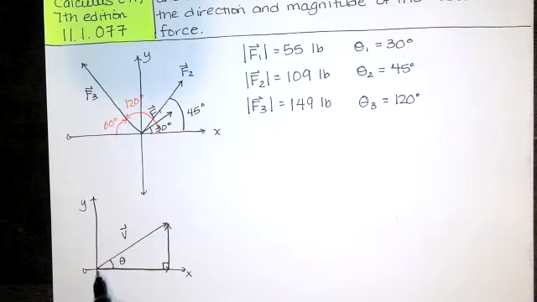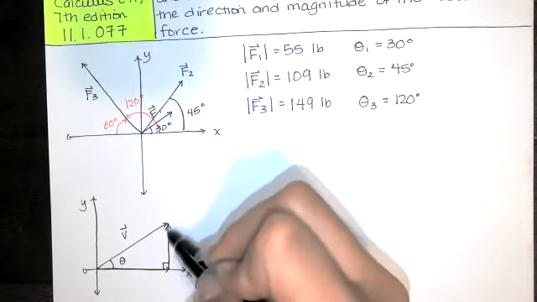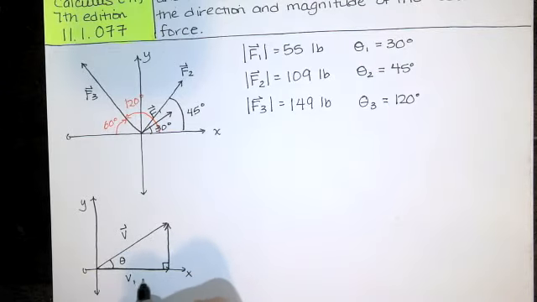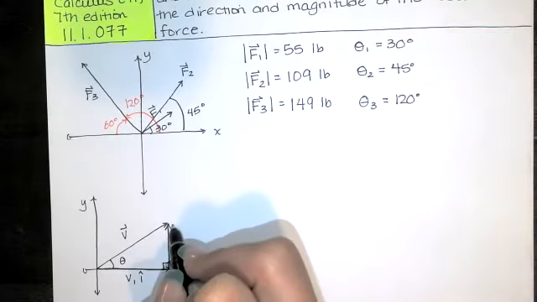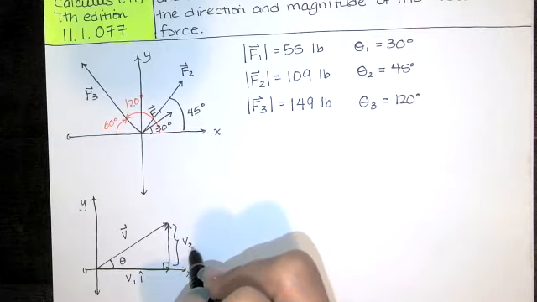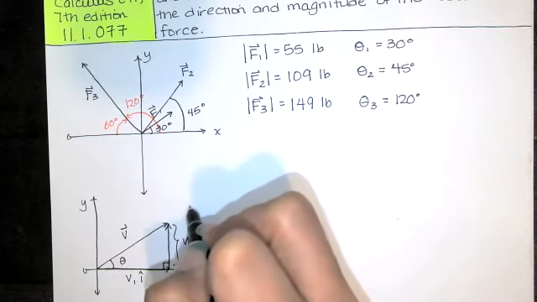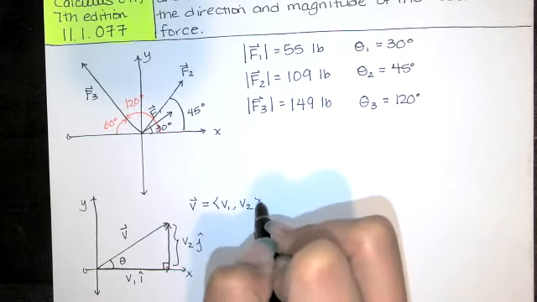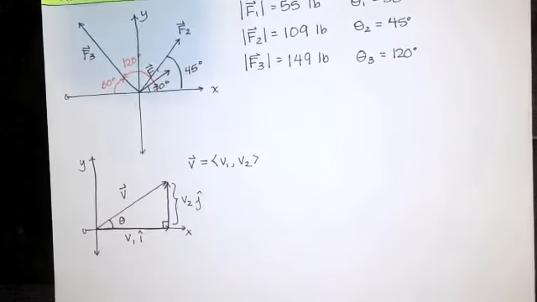And that's going to be the x component of v, and that'll be the y component of v. This will be the x component times i hat. Normally we call that V1. And then this will be the y component, which we typically call V2 times j hat. So this is for the vector that is given by V1 and V2 in component form.